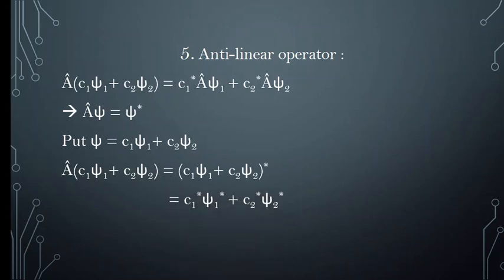Star is nothing but the complex conjugate. Here we can write it as c1 star xi1 star plus c2 star xi2 star. It is just a simple identity when you consider the conjugates.